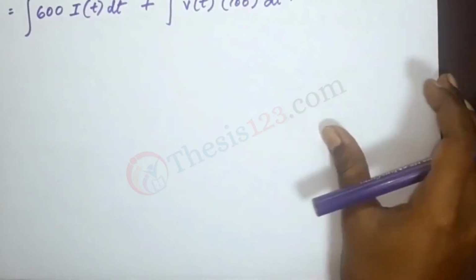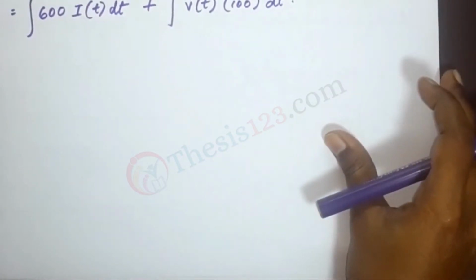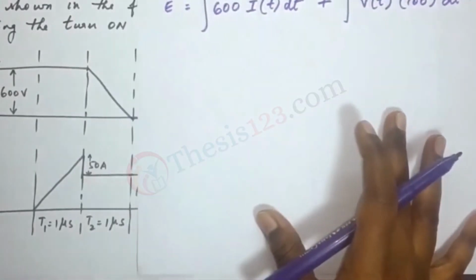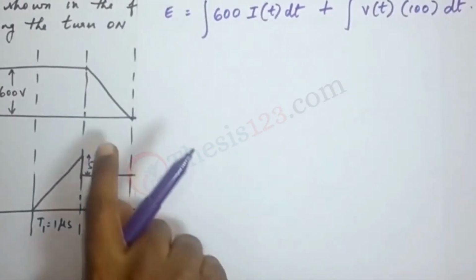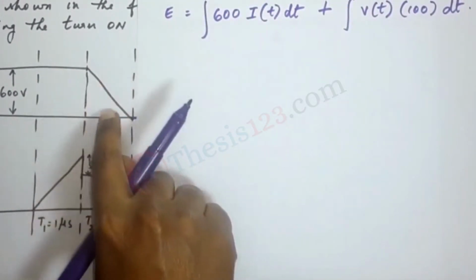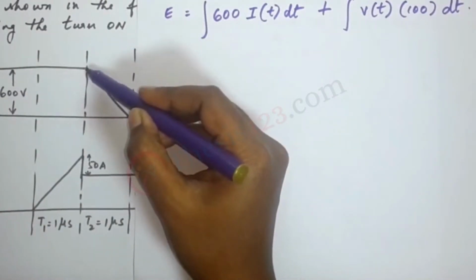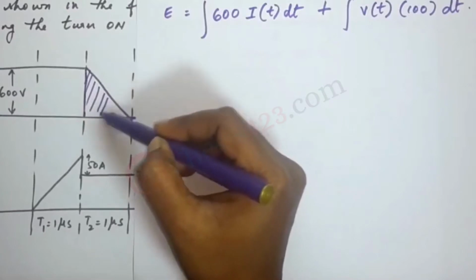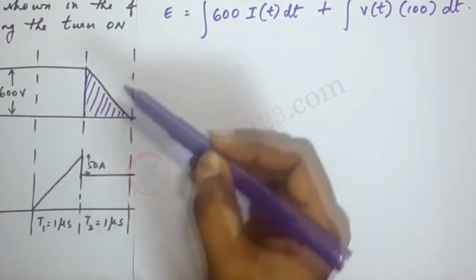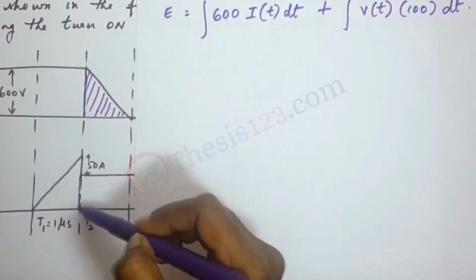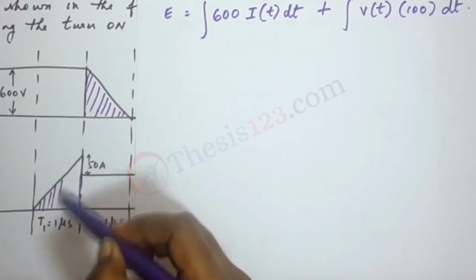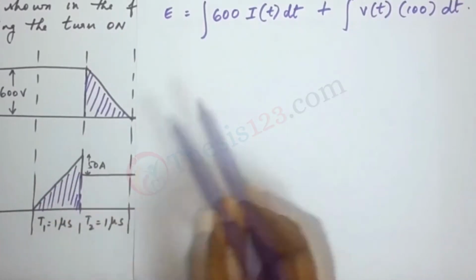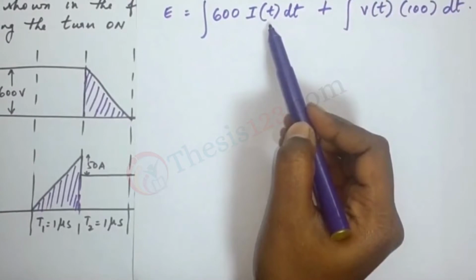Now the next step is to figure out what to plug in for I of t and V of t. Since this is integration, I'm sure you're familiar with the fact that we can find the integral by calculating the area under the curve. So we consider this triangle and find the area under the linear line, and in the case of the current we find the area of this portion to determine what I of t is.